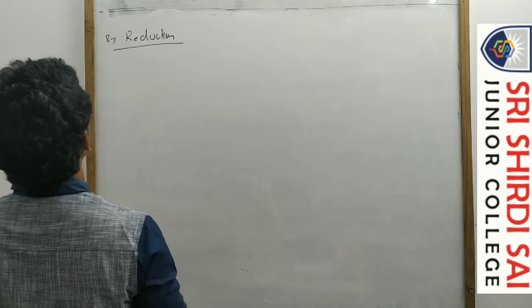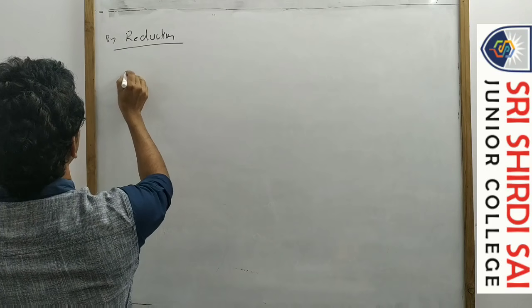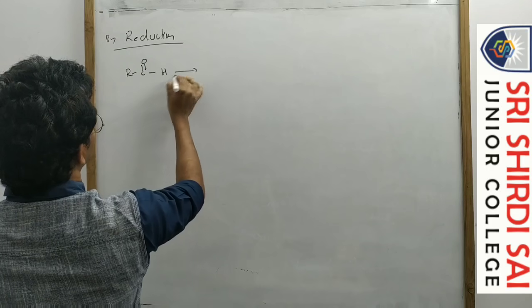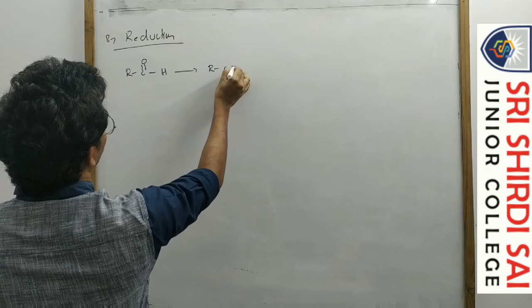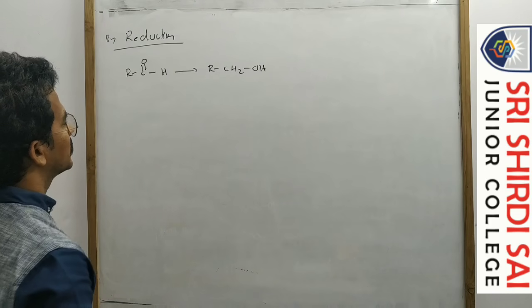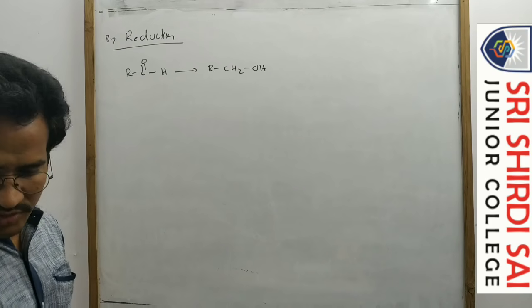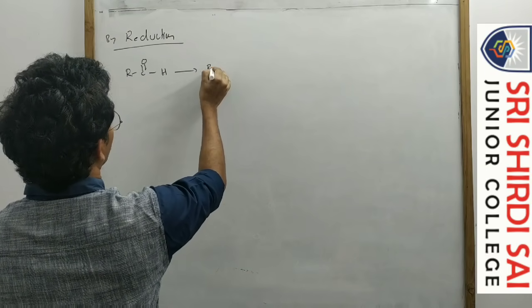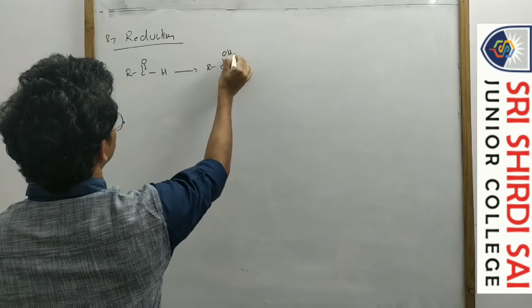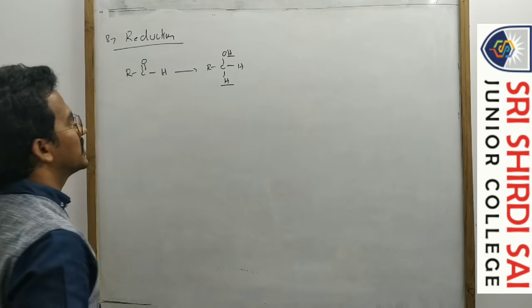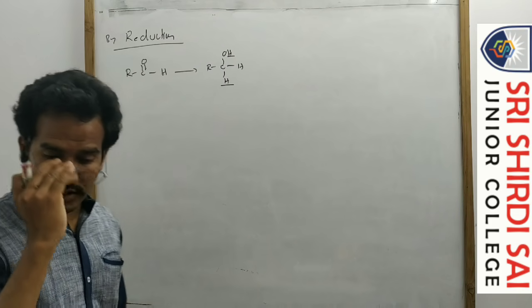Okay. So here in this case, this aldehyde on reduction produces alcohol. Let us consider like this: CHO, here H, here H. That means here hydrogen addition. It is addition of hydrogen, so it is a reduction reaction.